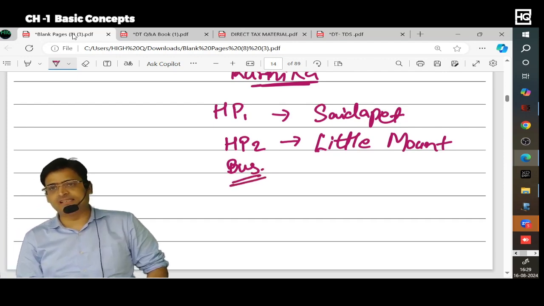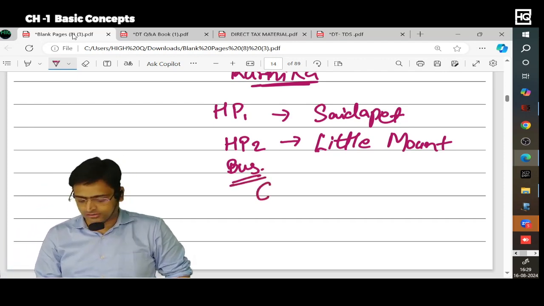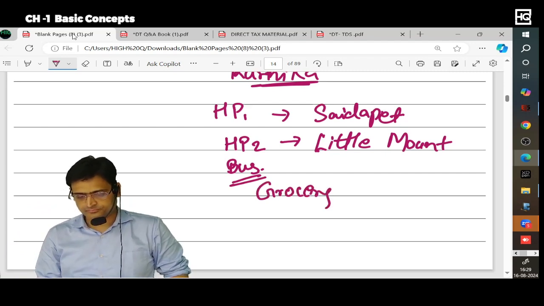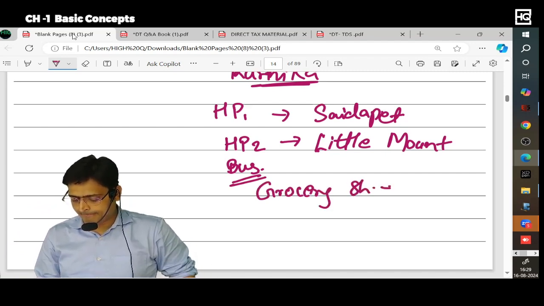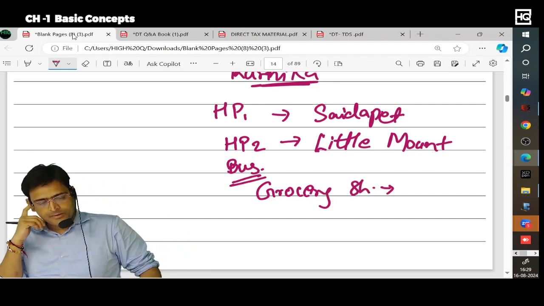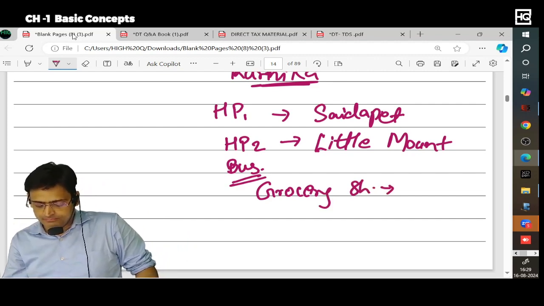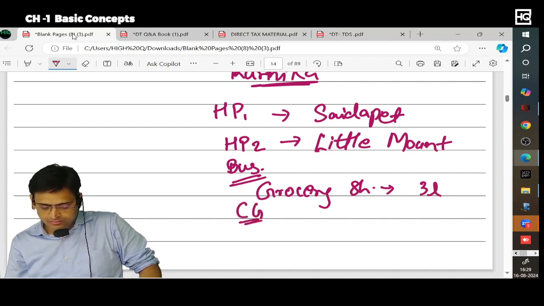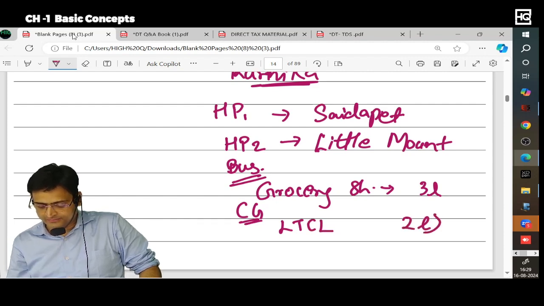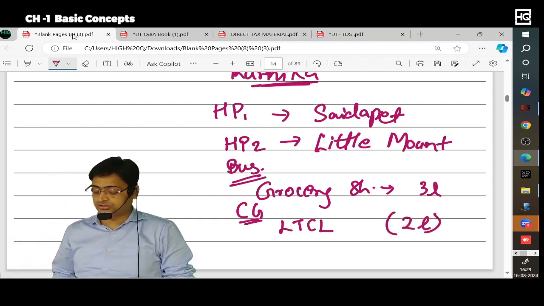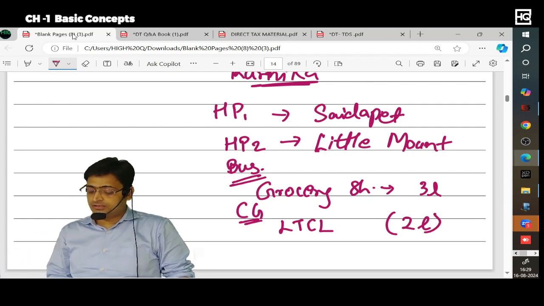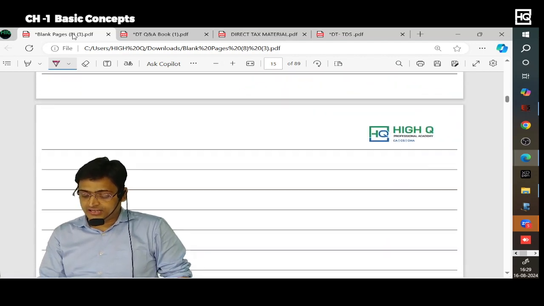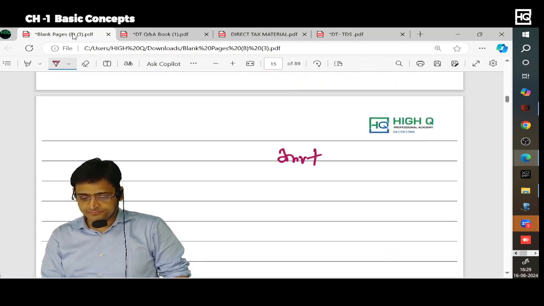Let's say business from a grocery shop, and that income is 3 lakh, and she has some capital gain. In capital gain, she has a long-term capital loss of 2 lakhs. Now the question is, and then she has made some investments.